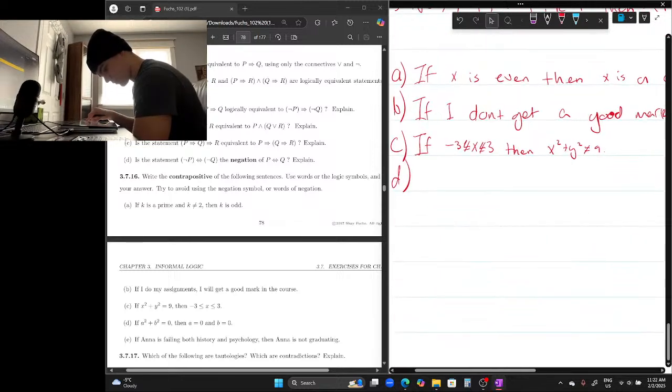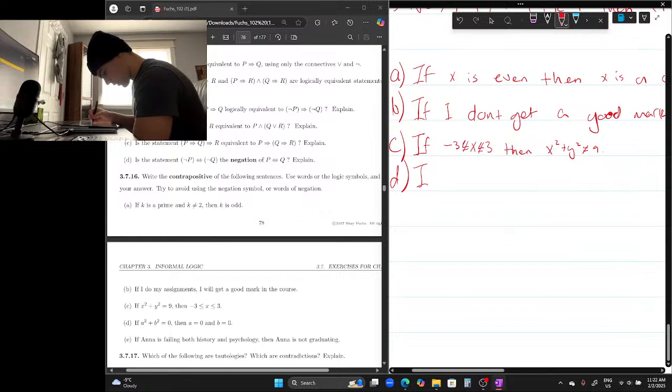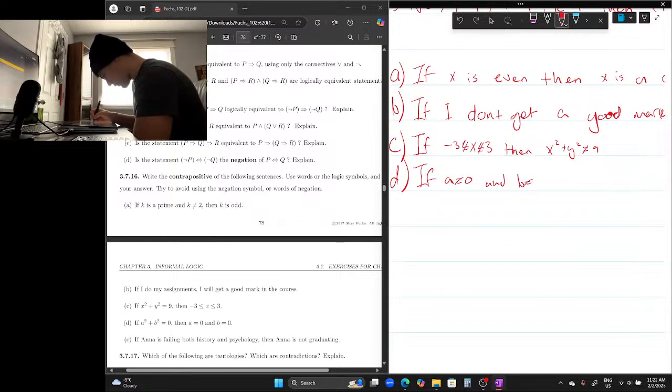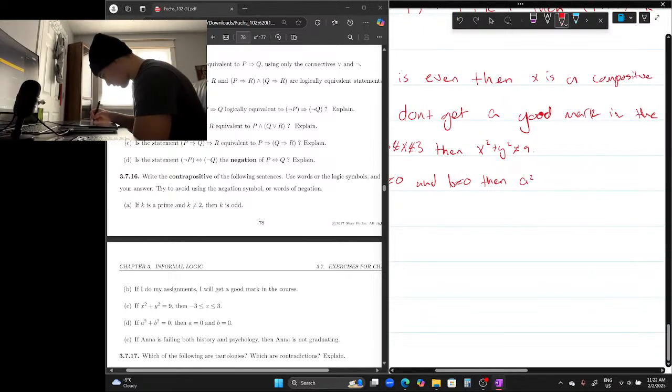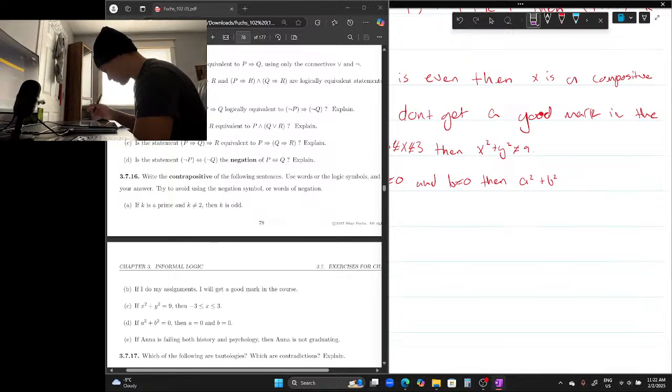D. If a is not equal to 0 and b is not equal to 0, then a squared plus b squared is not equal to 0 either.